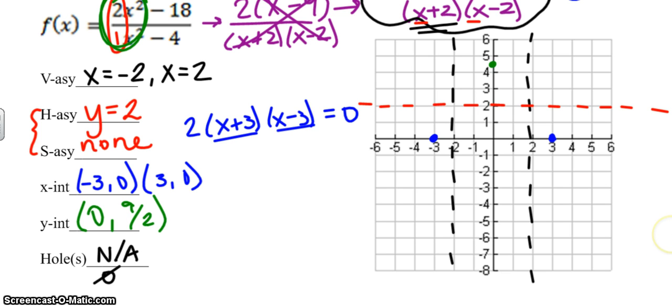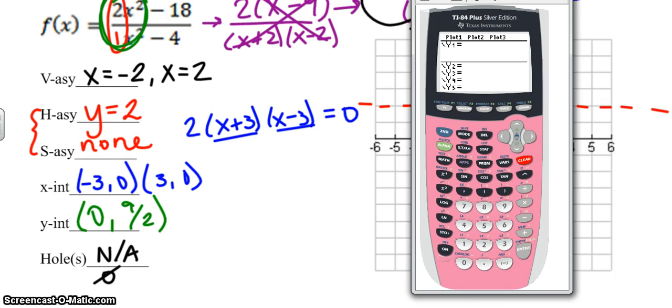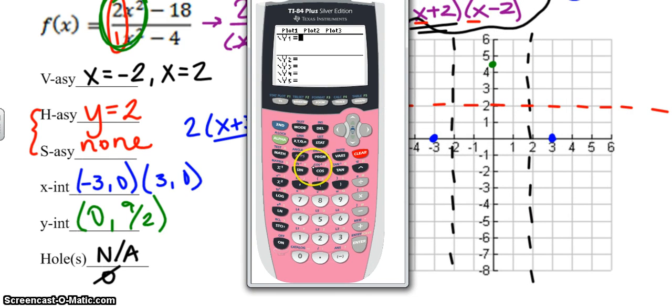Now, you should be able to graph all of those things, okay? And then at the very last step, use your graphing calculator to connect the dots. So in your y equals, go ahead and type in the original, 2x squared minus 18 divided by x squared minus 4.